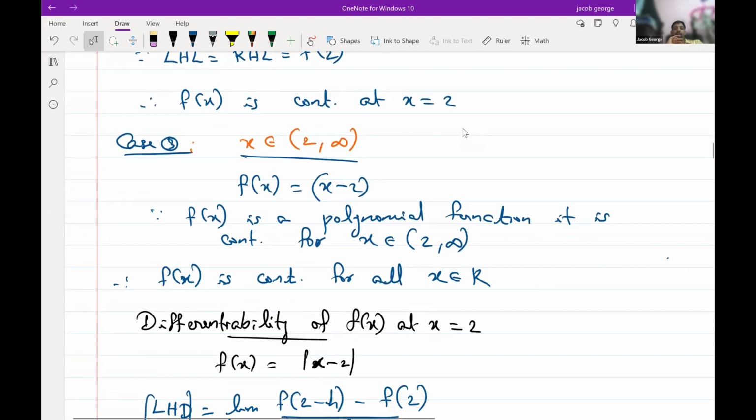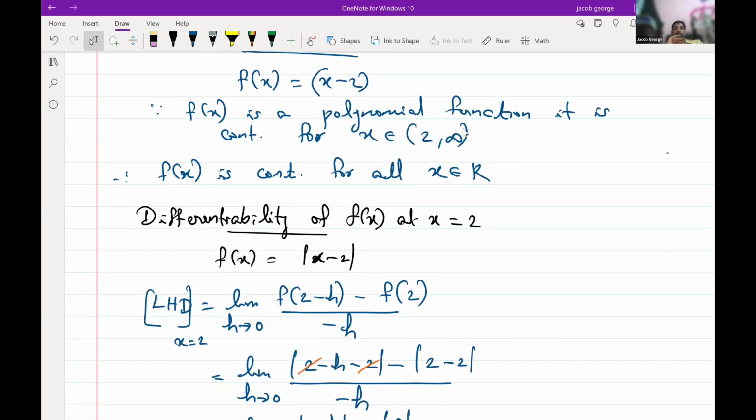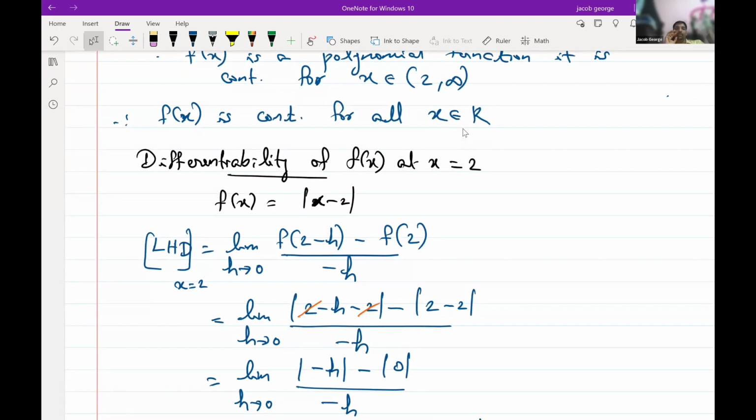Then the second part is to prove that it is not differentiable at x equal to 2. When you check differentiability, don't break the modulus into negative and positive. Inside that same modulus function itself, we can substitute 2 minus h and so on. So this is the left-hand derivative. For checking differentiability, you will find the left-hand derivative and right-hand derivative.